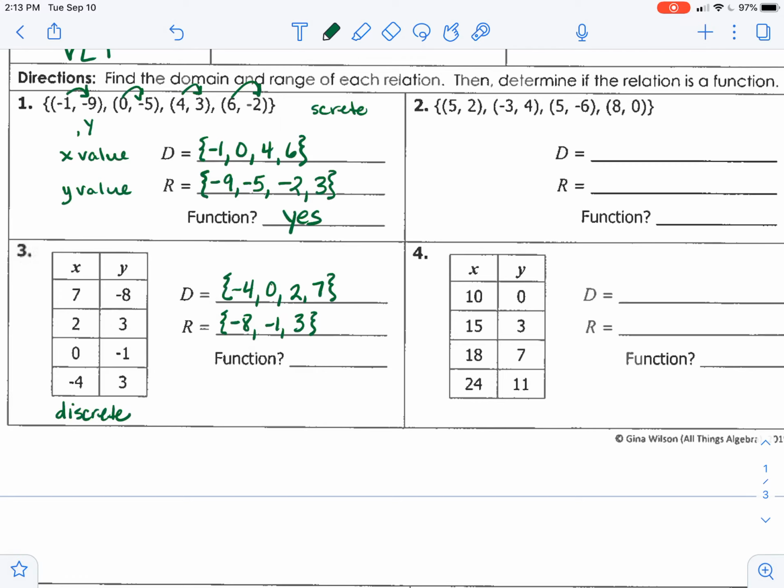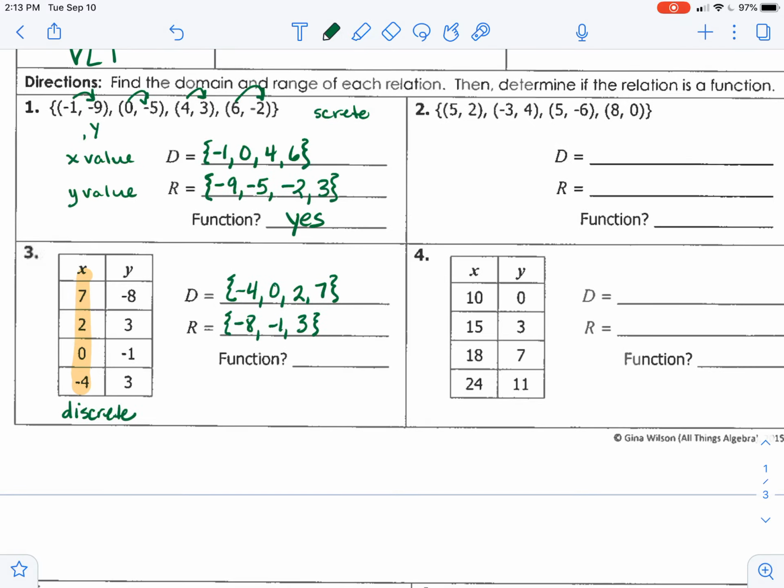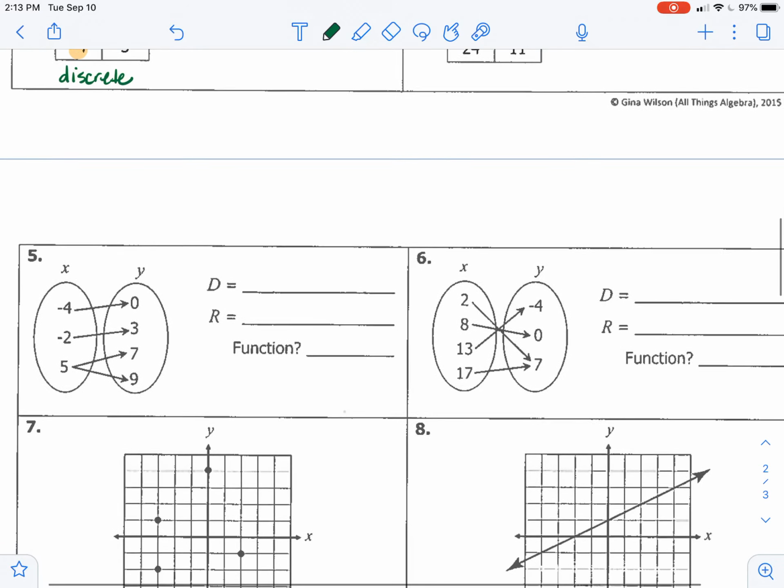So now I'm going to just look, does any of my x's repeat? Now I'm not going to look at the y's because I don't care about the y's. I'm only looking at the x's. And no, none of my x's repeat. So yes, this is a function. Okay? So again, you could try number 4 and see how well you could do there.